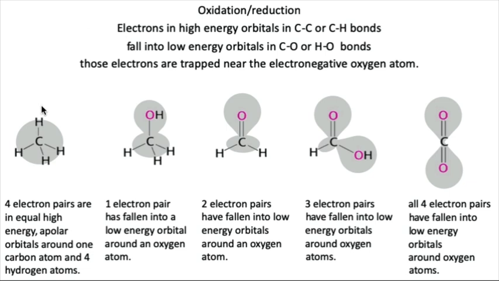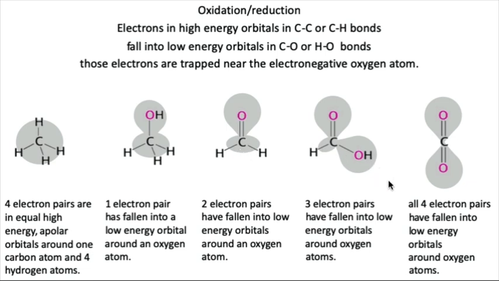When you burn methane to make methanol, then some of the high energy electrons in the orbitals linking a carbon and hydrogen have now fallen down to the oxygen atom, releasing some energy. As you burn it more to form a double bond, formaldehyde, now even more electrons have fallen from carbon-hydrogen high-energy orbitals to low-energy orbitals, largely around the oxygen atom, but linking it to the carbon.